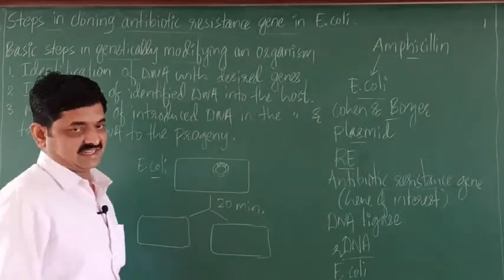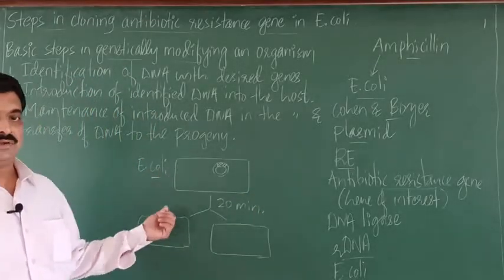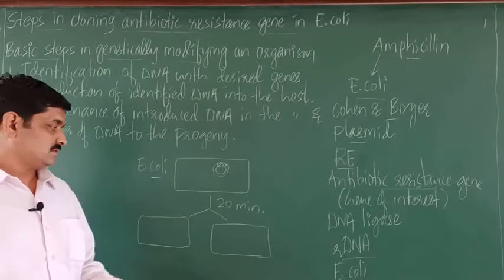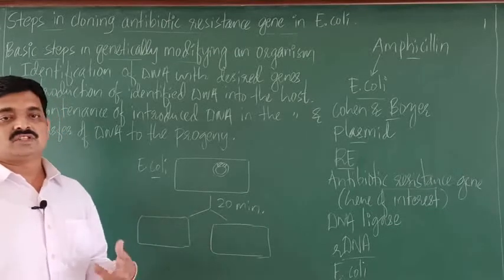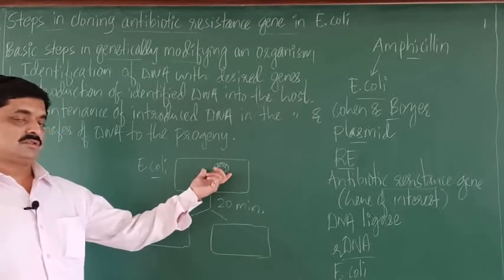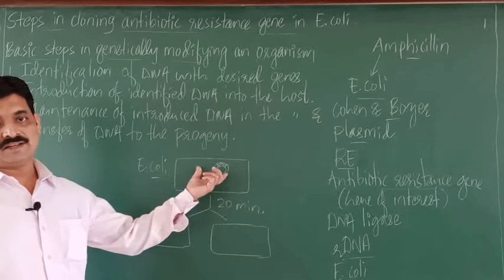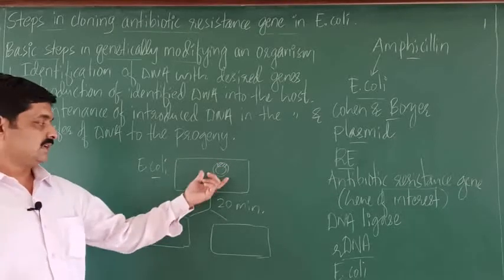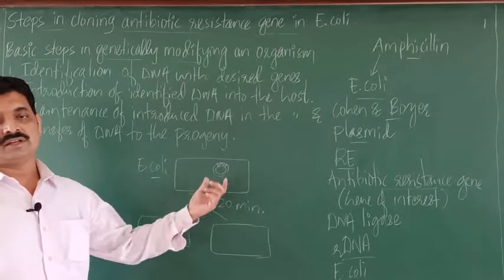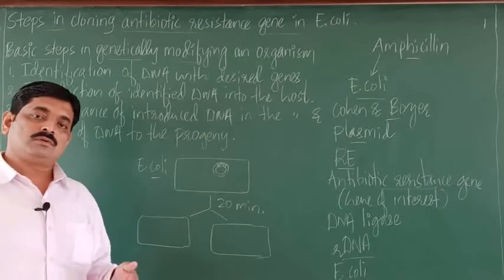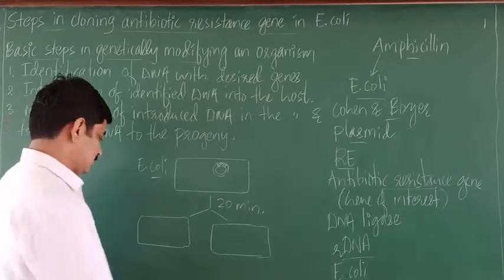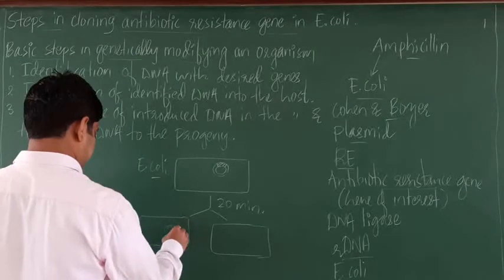So in 20 minutes time, one E. coli cell divides to produce two E. coli cells. So in this process, this plasmid, or we can say the recombinant DNA, right? This recombinant DNA also replicates. So like this.